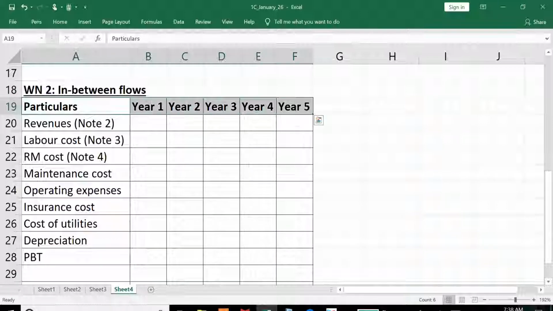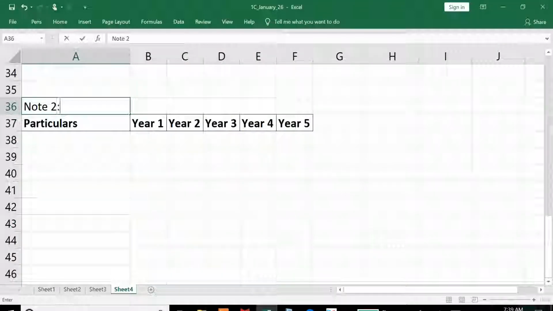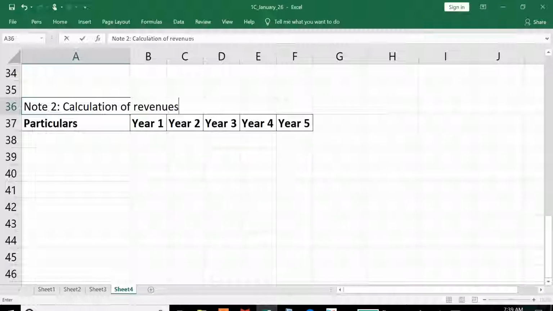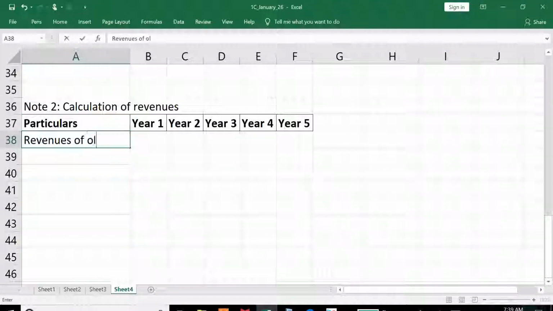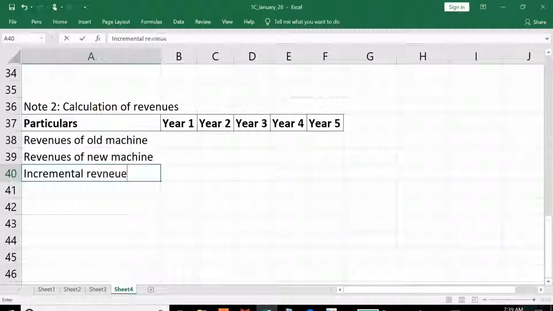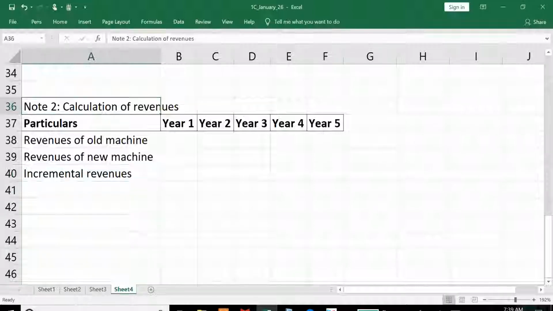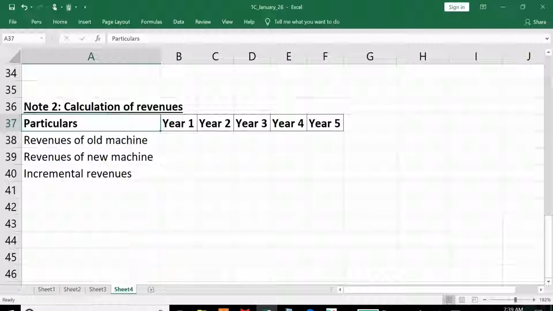Come down, note 2, calculation of revenues.